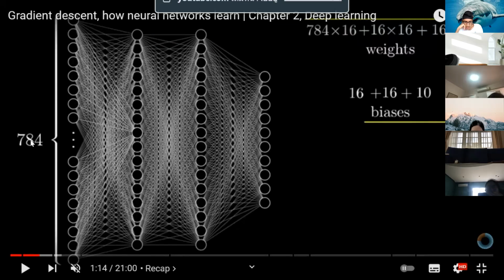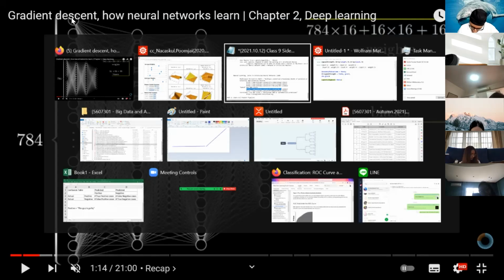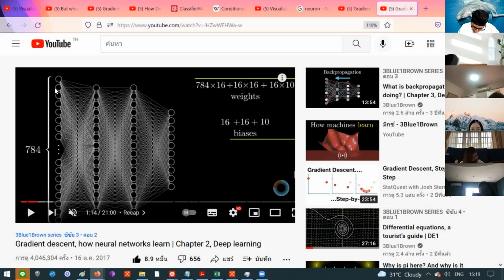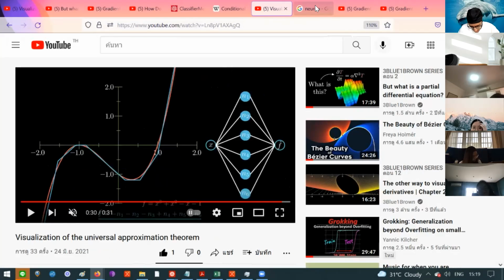Instead of having 20, in this case, this dendrite has dimension 784. It just happened to be in this case. 1, 2, 3, 4, 5 up to 784 is like this.